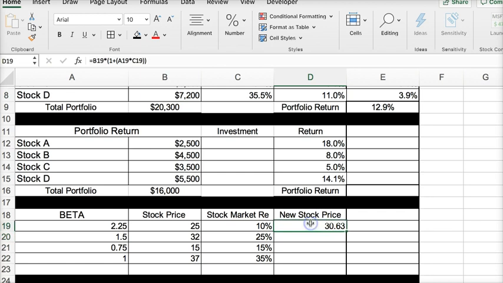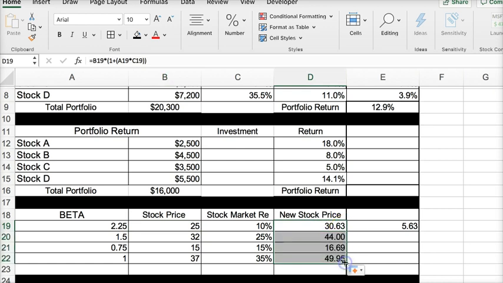And that gives us the new stock price. So what we're basically saying is the stock is going to be increased by 2.25 of the market, that's $5.63. Add that back to $25, and that's where you get your $30.63.